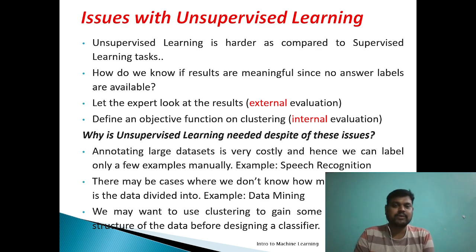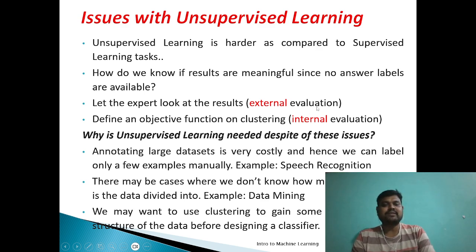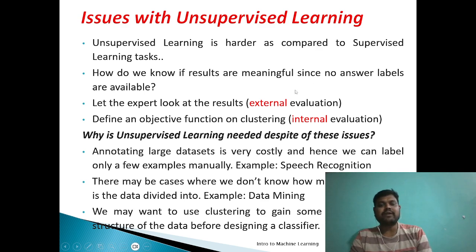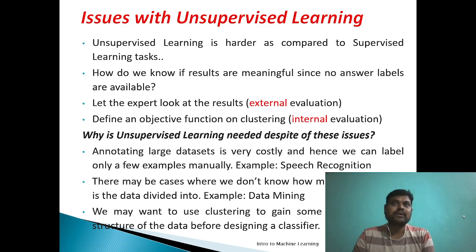Basically there are two types of validation or evaluation: external evaluation and internal evaluation. Let the expert in the particular domain look at the results and validate; that is one kind of evaluation, called external evaluation. For internal evaluation, you have to define an objective function on clustering, right?